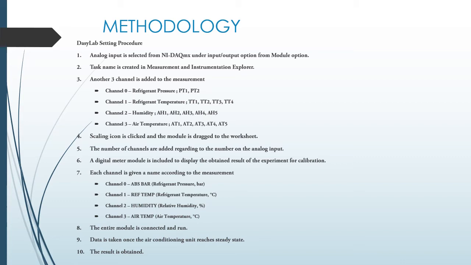A digital meter module is included to display the obtained results of the experiment for calibration, and each channel is given a name according to the measurements: channel 0 is absolute bar, channel 1 is refrigerant temperature, channel 2 is humidity, and channel 3 is air temperature. Next, the entire module is connected and run. The data is taken once the air conditioning unit reaches steady state and the result is obtained.